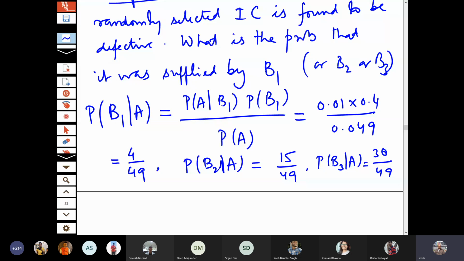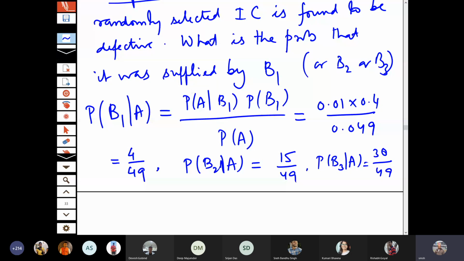So here you see that although we are taking 40% supply from B1, the probability of defective from there is much less because it is only 0.01, 1% are defective. Therefore, if a defective IC has been found, then the probability that it was given by B1 is much smaller.